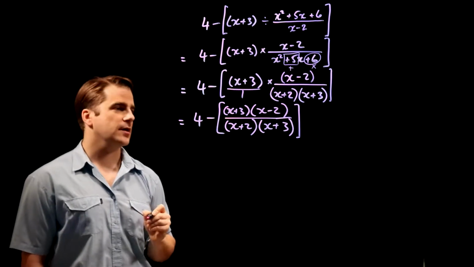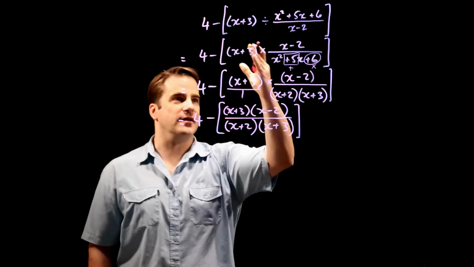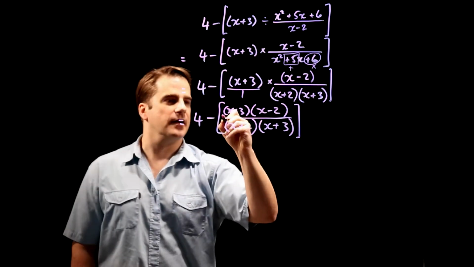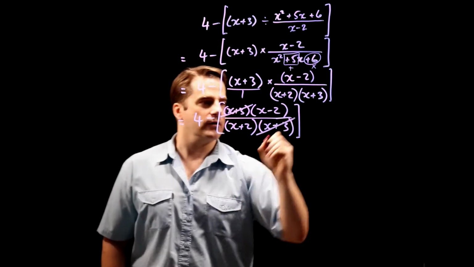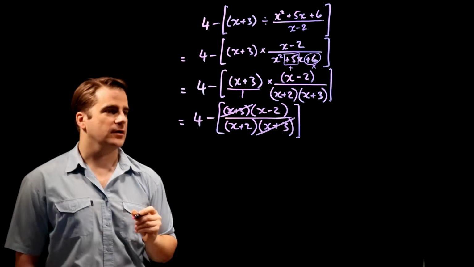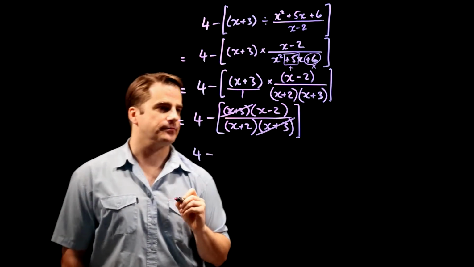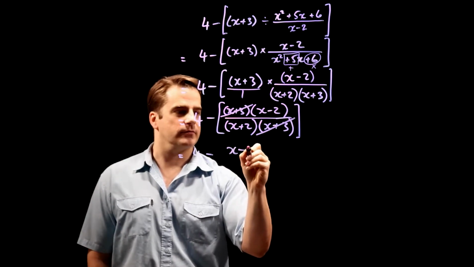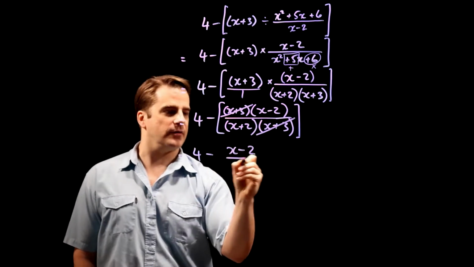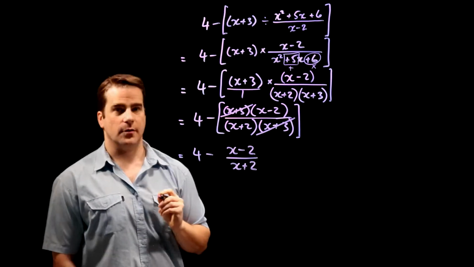Okay? And as you can see, they always set it up so when you factorize you get a nice cancellation. X plus 3 on the top, x plus 3 on the bottom, gone. So this is all equal to 4 minus x minus 2 on the top, and we're left with x plus 2 on the bottom.